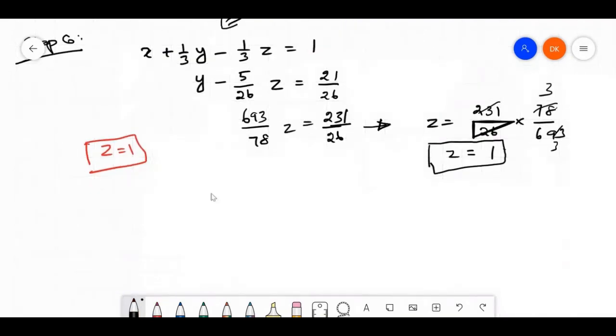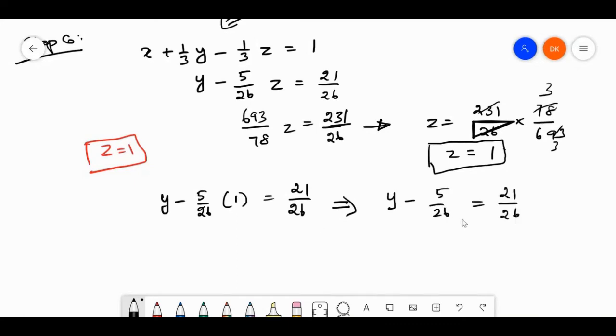So now you can use this z value and substitute in the second equation to find out the y value. So y minus 5 divided by 26, z value is 1 now, that is equal to 21 divided by 26. So then y minus 5 by 26 is equal to 21 divided by 26.